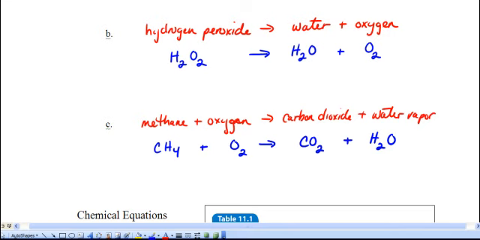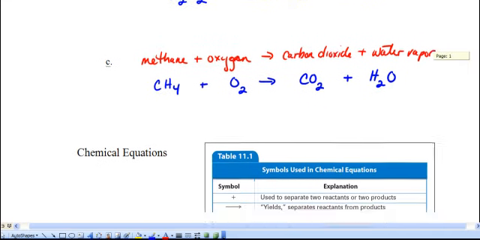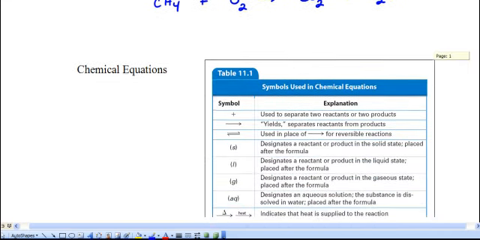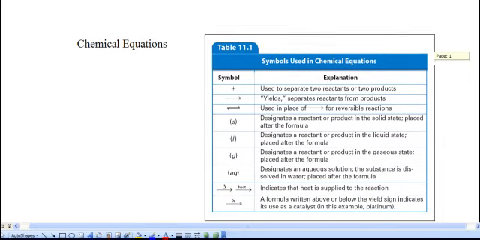Now, we're talking about chemical equations right now, and there are different symbols that we use in chemical equations. We've already talked about using the plus sign to separate out the reactants or products. We also have already talked about using the arrow, meaning yields or produces.